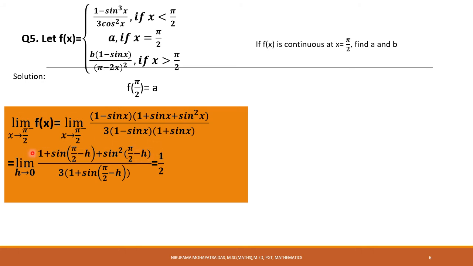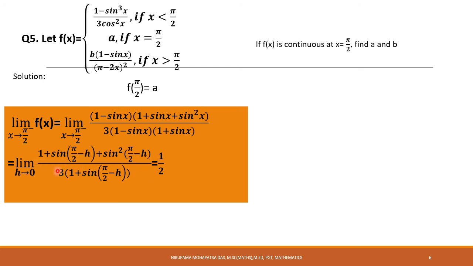Then we apply here the format of LHL. See, limit h approaches 0. So wherever we have x, that is being replaced by pi by 2 minus h. You can clearly see here.